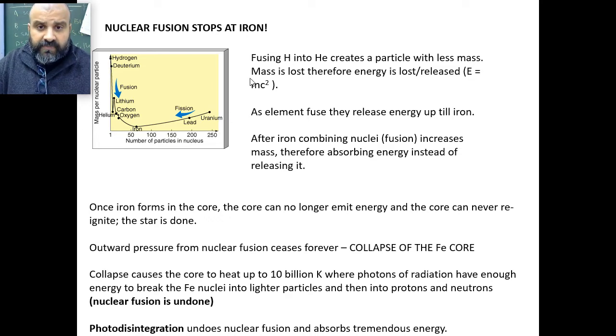Okay. So fusing hydrogen into helium creates particles with less mass. If mass and energy are equal, if you lose mass, it means you have more energy. This is the energy being radiated out.